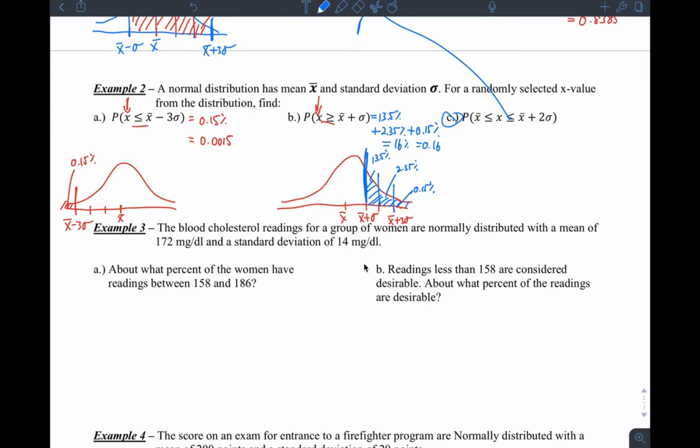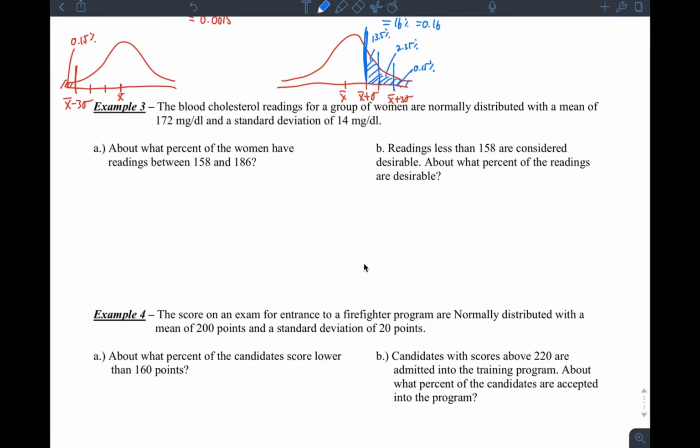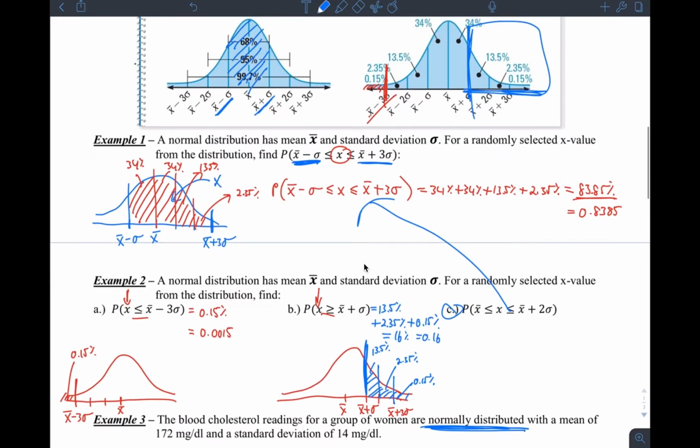Okay, so let's do another example. It says the blood cholesterol readings for a group of women are normally distributed. That means we know that it works this way and it works this way. That's what they're telling us by giving us that information. Saying it's normally distributed, that's what it means.